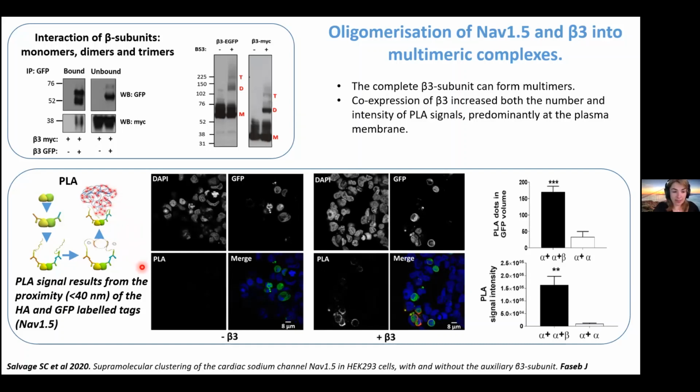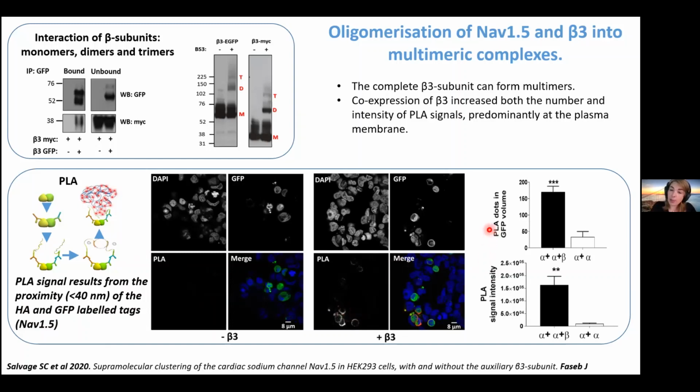We did this by using two different NaV1.5s in order to specifically look at their proximity. One was labeled with HA and one with GFP. In the absence of beta-3, you can see the presence of the GFP signal, and in the corresponding PLA channel, there's very little that you can see by eye. However, when you add beta-3, suddenly the signal goes up dramatically.